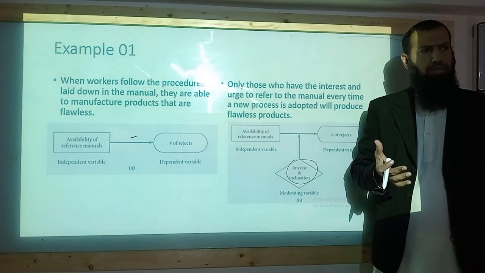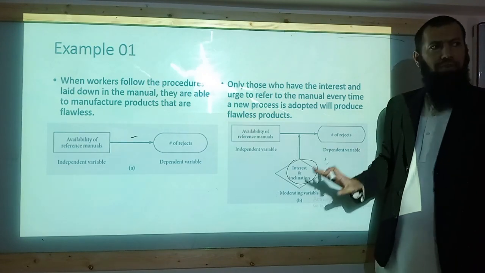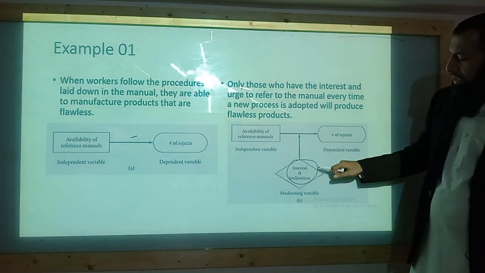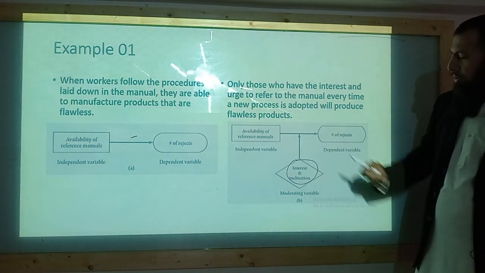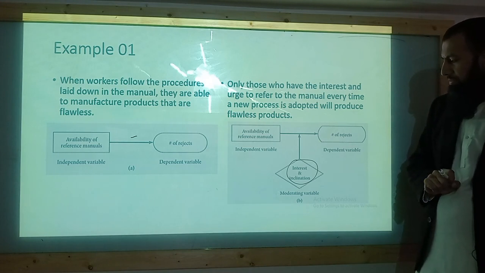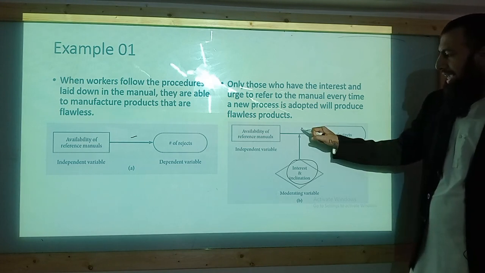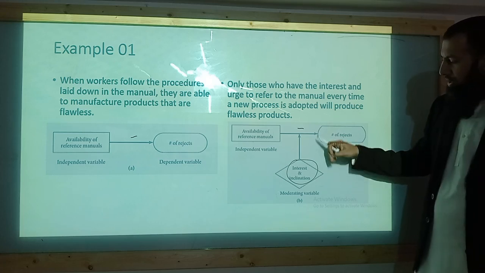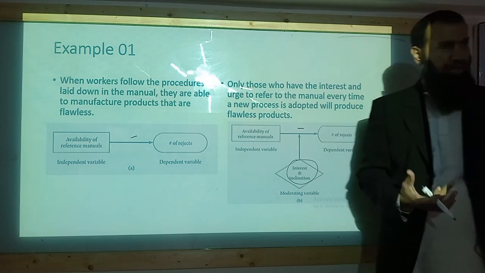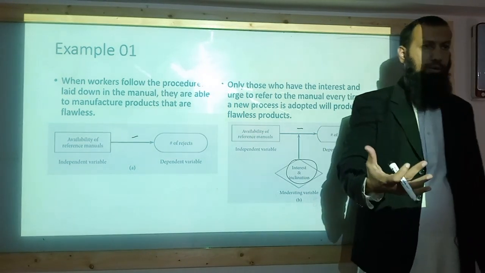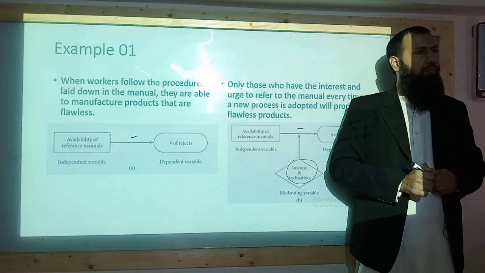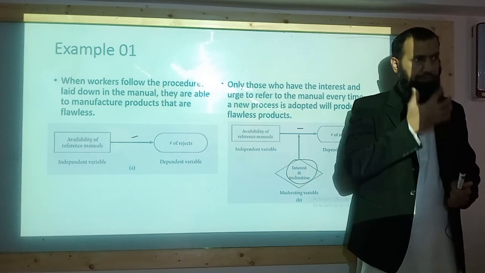It is not necessary. We will see that. So interest and inclination is moderating the existing relationship. The existing relationship is negative, so it is making it stronger. Understood?